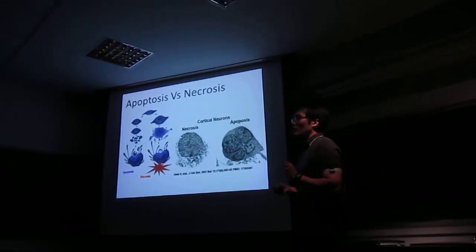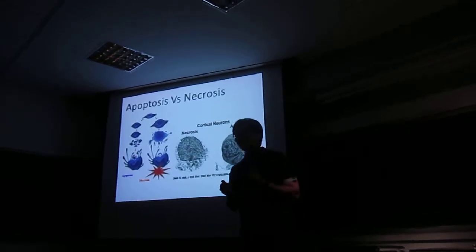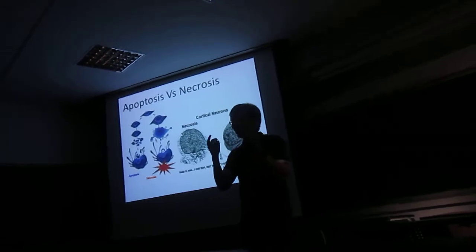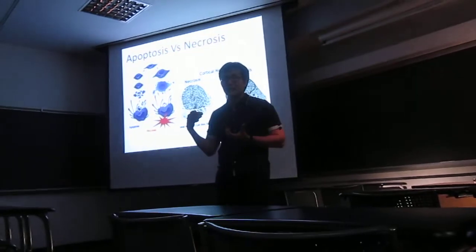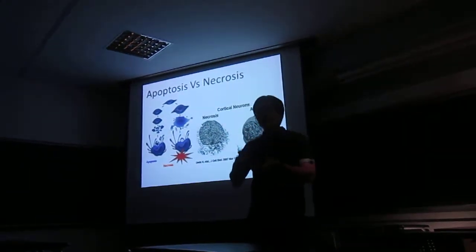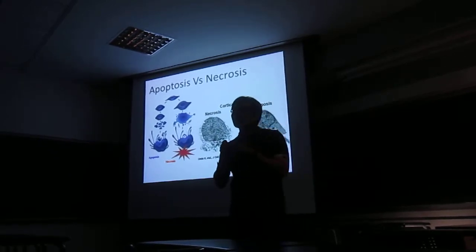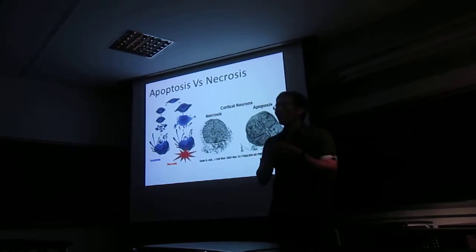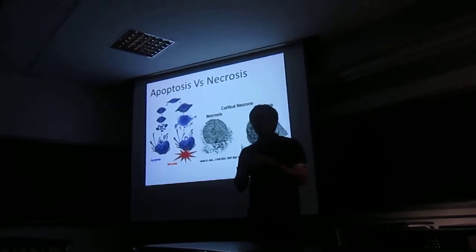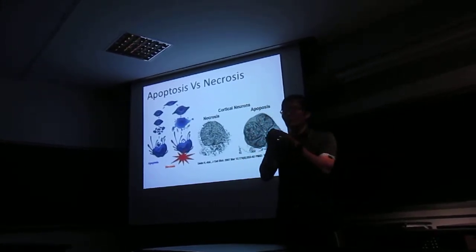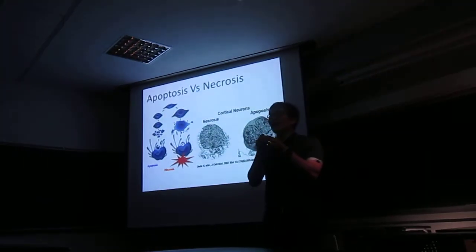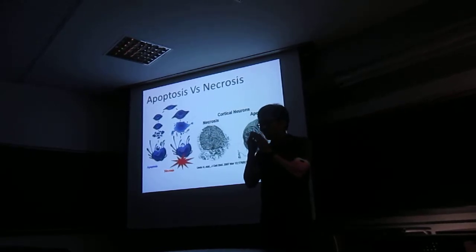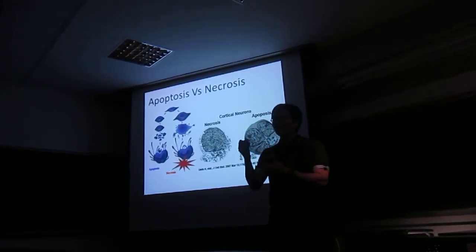I want to give you a quick example. We have a lot of neuron cells in our brain and in our body, right? But the average number of neurons in our brain is 50% smaller than when you were born from your mother.